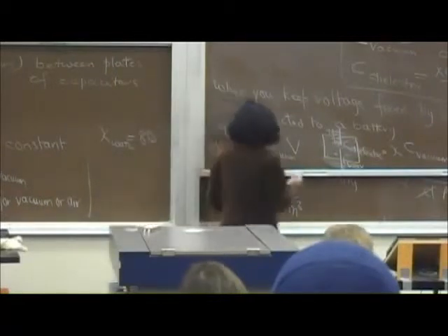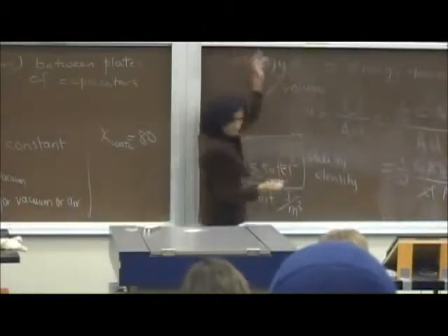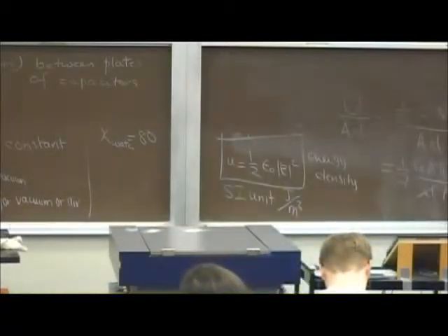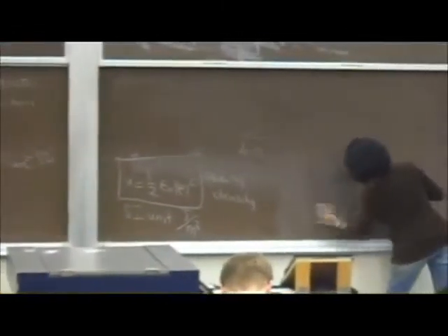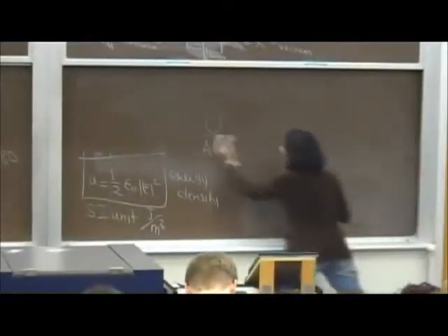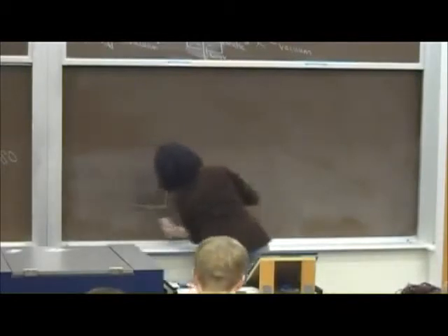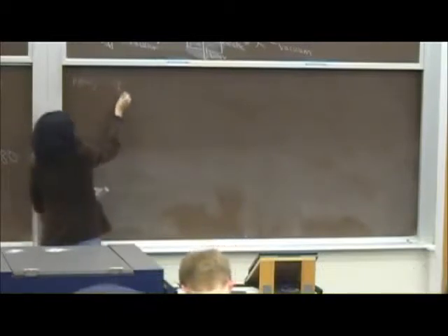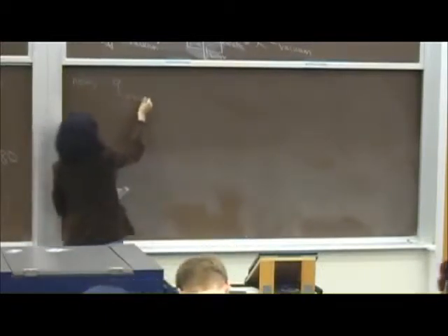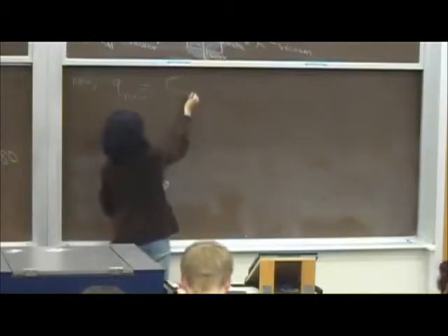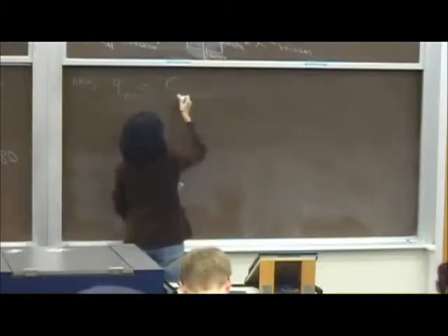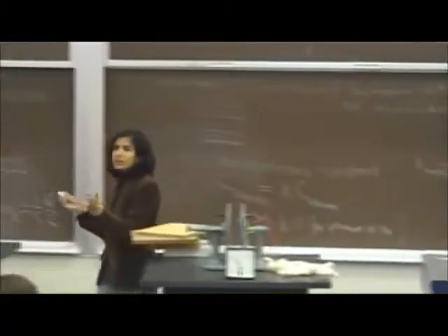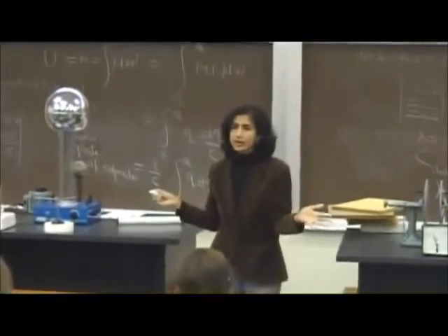And what's the new situation? The new situation is we have some Q new, which should be equal to C dielectric, because we have shoved some dielectric between the plates, times the same voltage because we have fixed the battery. We are saying we'll keep the battery connected, and it's a 3-volt battery.